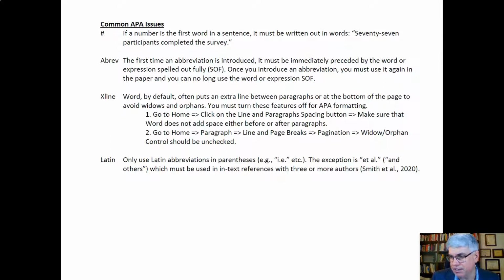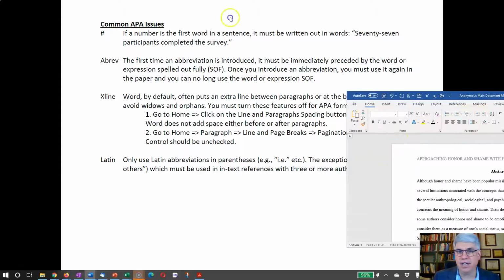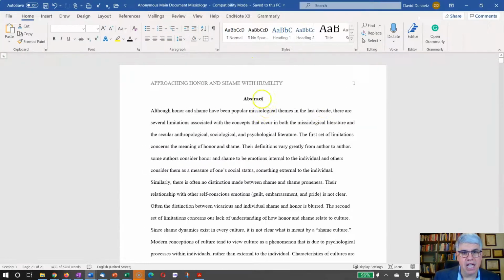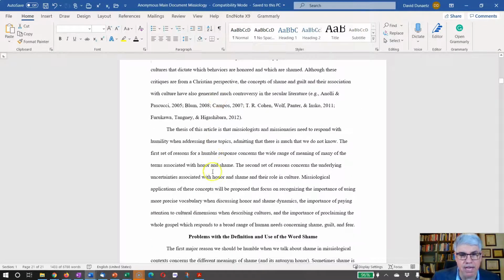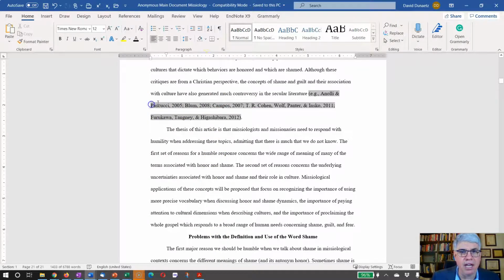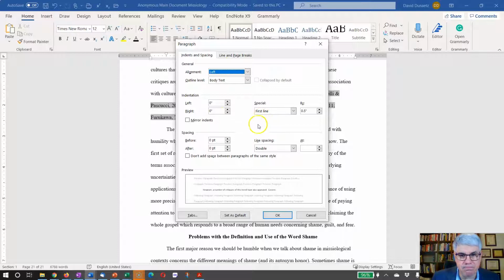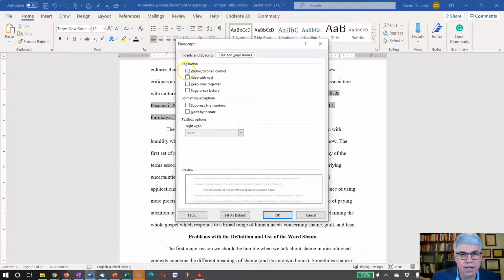Let me show you here. I've got a document, and let's go to where I've got some paragraphs. So everything is double spaced. There's no extra lines in APA format. But if the default format for Word is, let's see, sometimes some of these things are, okay, widow and orphan control should be turned off.